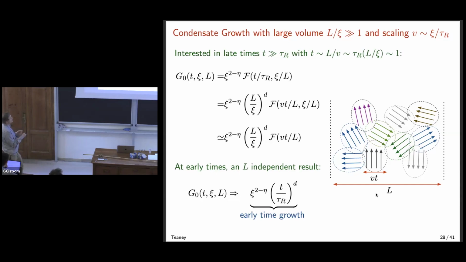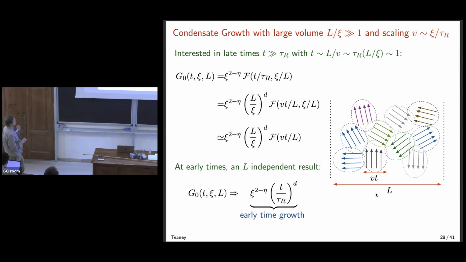So going from here to here is a trivial rewrite, informed but still trivial. It's just reshuffling the parameters into some new function. Then, now that I've done this rearrangement, it's probably okay, at least for times not super late, to drop this dependence on c over L.